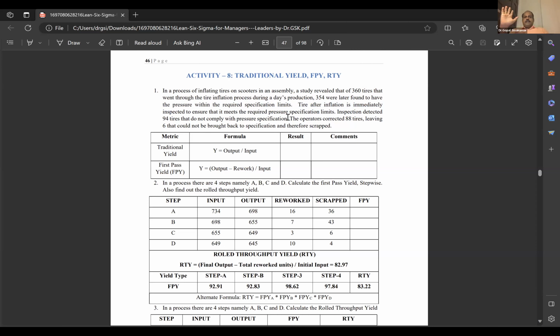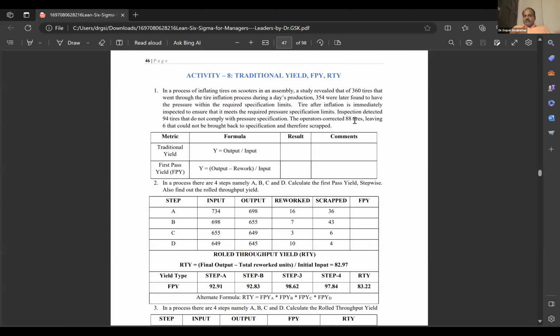And out of the 94, they corrected 88. But 6, they could not bring back. So do you understand, out of the 94, 88 were corrected, but 6 they are not able to correct. And so the tires are not fit for the assembly, so they have to be scrapped or cannot be used.